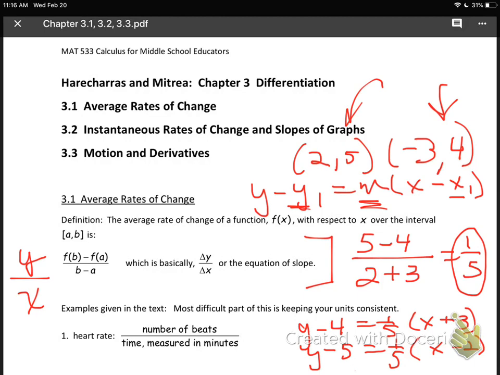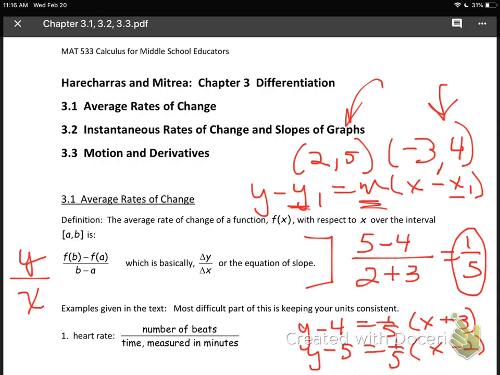Okay, other extensions that our textbook has for the average rate of change: they talk about the average heart rate, and this is a good discussion because you sometimes have to convert your units. So maybe you are calculating a number of beats per second, but you need to record it per minute, so you need to know how to do dimensional analysis to convert them.